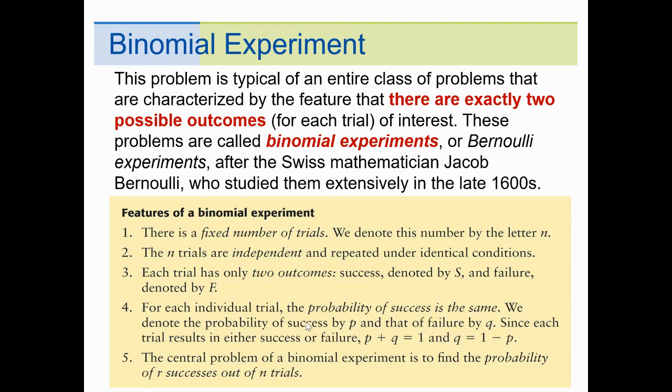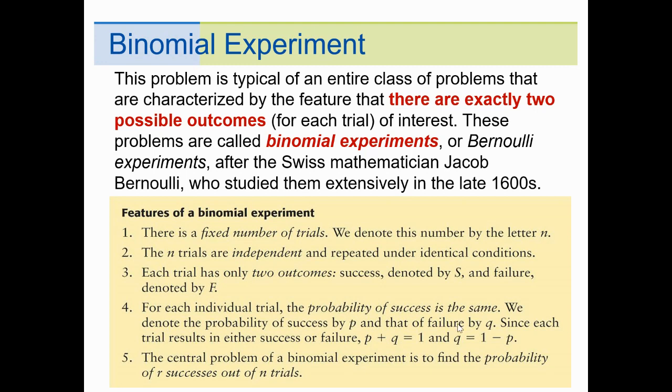We denote the probability of a success by lowercase p, and that of a failure by q. Well, we know that p plus q is equal to 1. The probability of something happening plus the probability of the complement has to equal 1. Something's going to happen. So if you know what p is and you want to find q, it's 1 minus p, the complement rule. q is equal to 1 minus p.